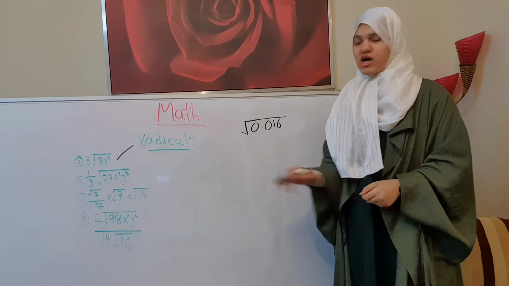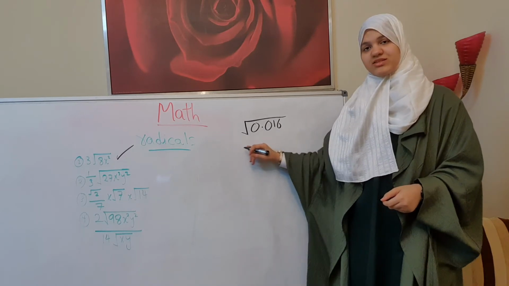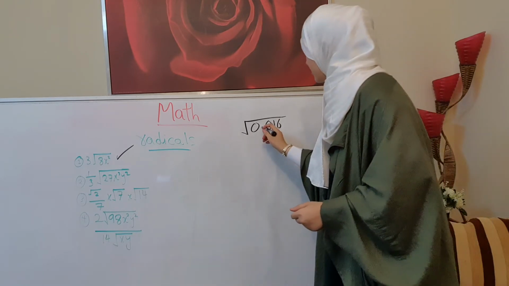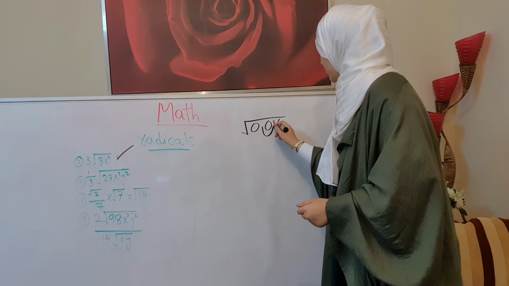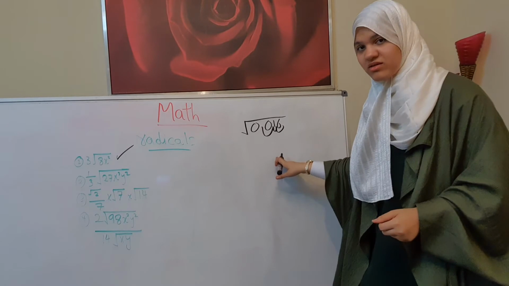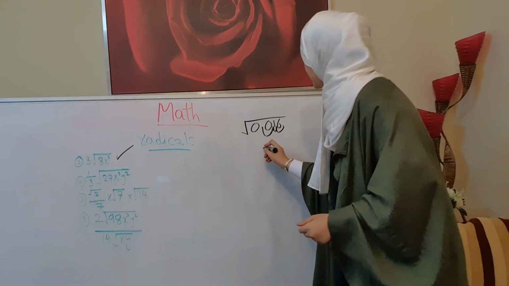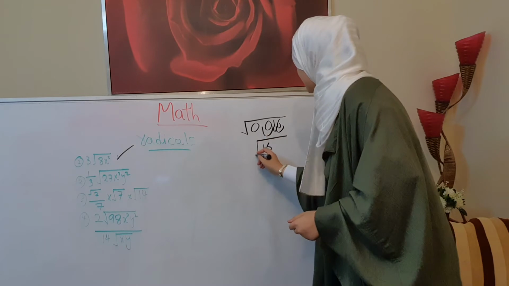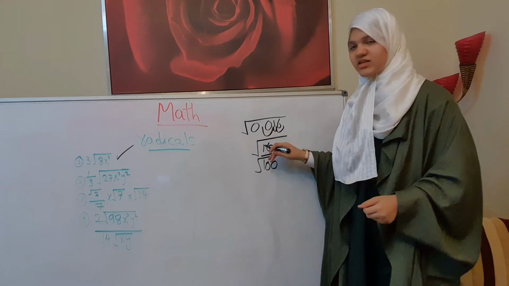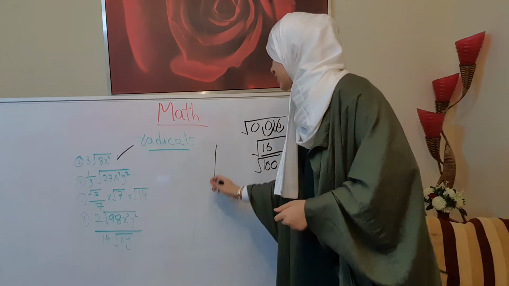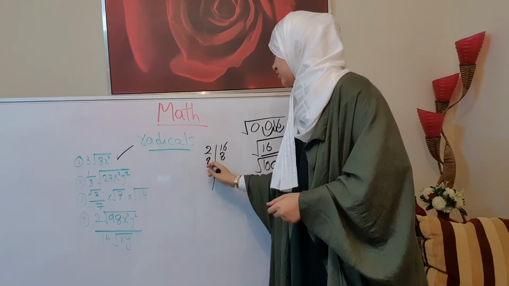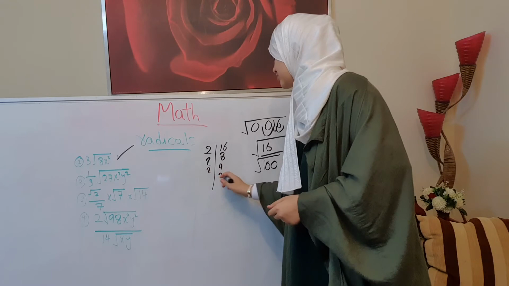How can we solve this decimal inside the square root? Inside the root, we have 3 decimal places: 1, 2, 3. That means we divide by 100. That means radical 16 over radical 100. What's the radical of 16? 16 divided by 2 is 8, by 2 is 4, by 2, by 2, by 1.